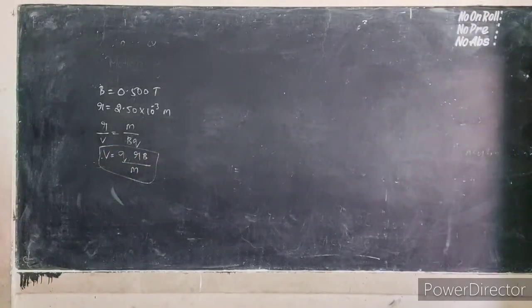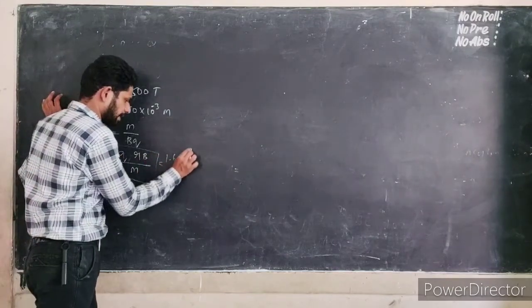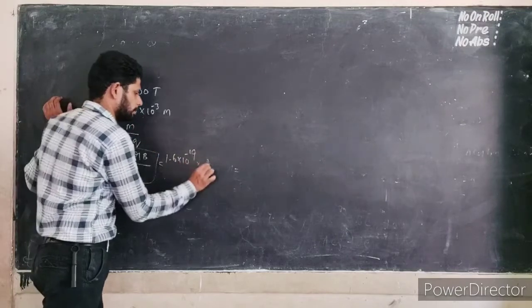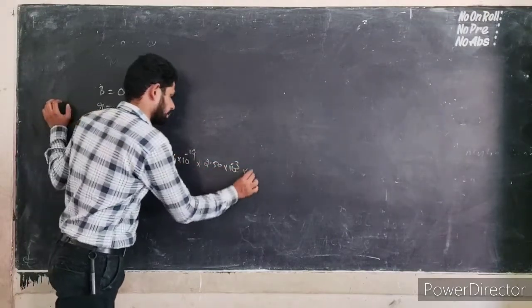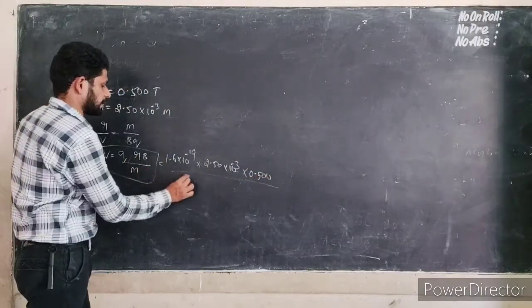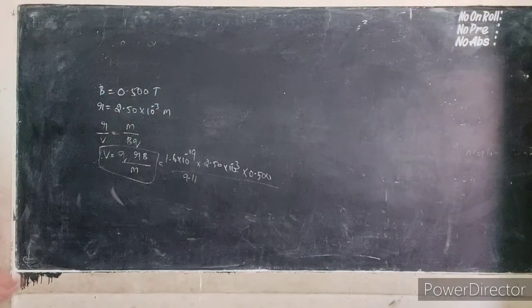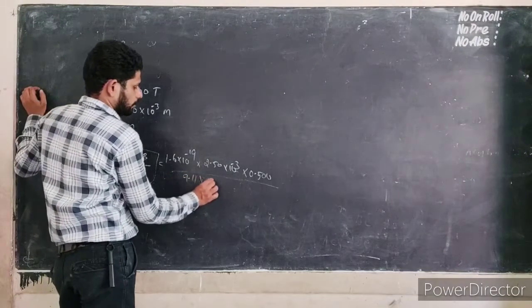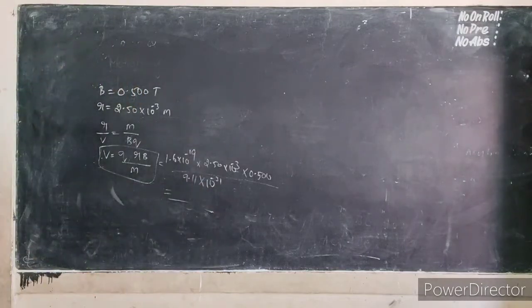See, the charge is 1.6 times 10 power minus 19, the radius is 2.50 times 10 power minus 3, the magnetic field is 0.500, divided by the mass of the electron, 9.11 times 10 power minus 31. Substitute the values and you get the answer.